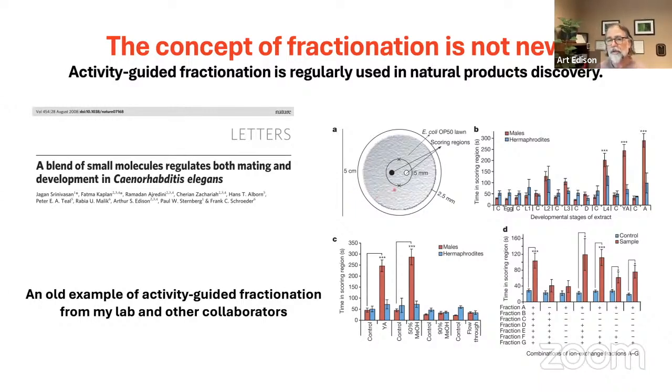In this case, we were interested in the fact that we could take material that was produced by hermaphroditic worms, put it onto a plate with no fractionation, and attract males to that spot. The assay is summarized here, where you would put a spot of material that you're interested in scoring, material that's a blank, and then you can put male worms onto this plate and track to see which spot they go to.